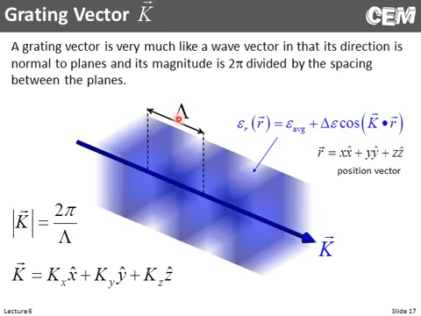We call that a grating vector because it describes this grating. It maybe doesn't describe the magnitude of the dielectric constant, but it describes its periodicity.